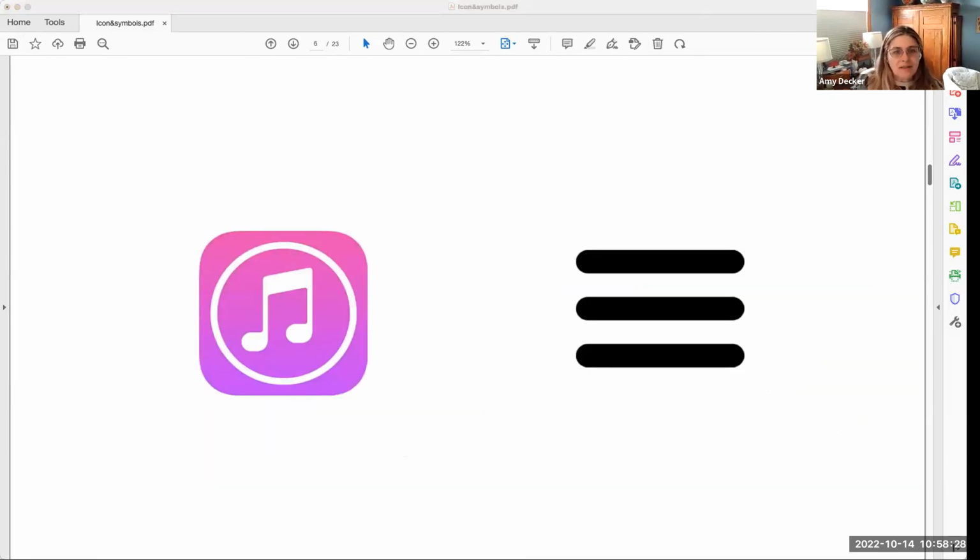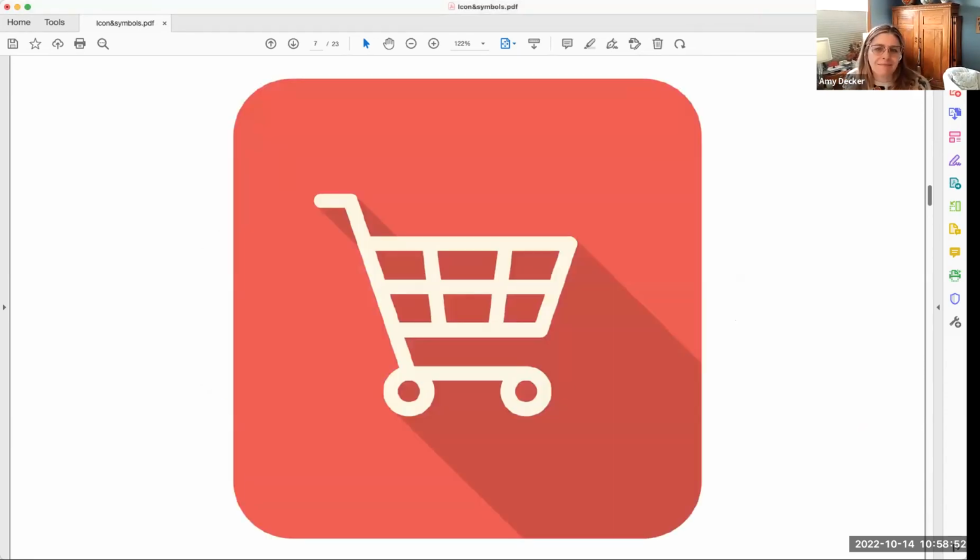Musical notes for music apps, and even more abstract, three lines, which has become the representation of a navigation menu, are abstract symbols. The icon for shopping is a shopping cart, and that's an icon.